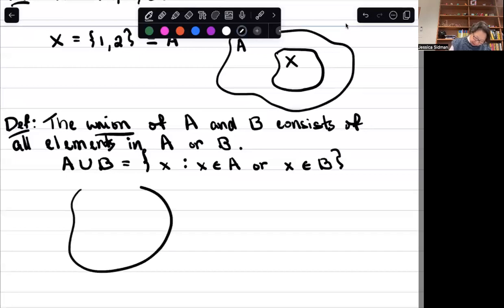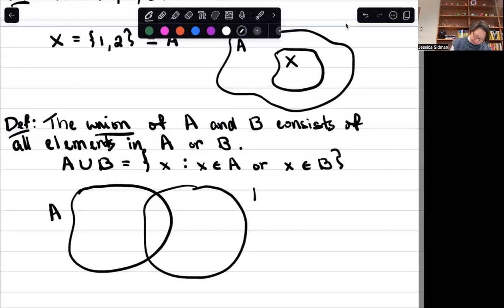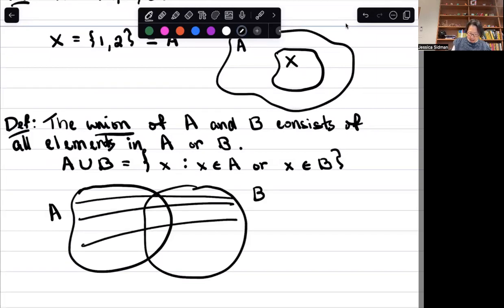If your set A is represented by that blob, and your set B is represented by this blob, then the union consists of all the things that are in A or in B.